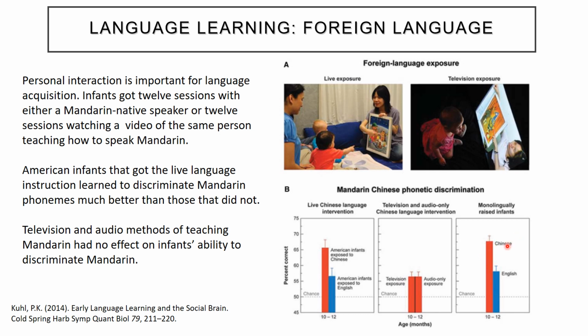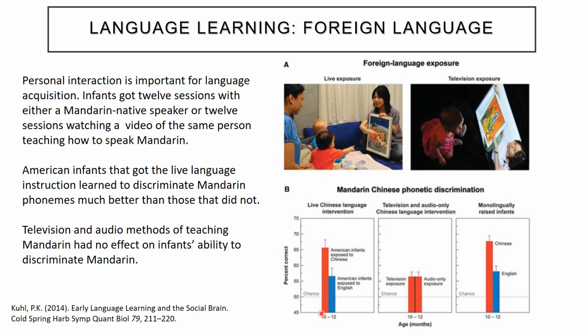And you can see for the monolingually raised infants of the same age, those children that come from a Chinese household were somewhat similar, not significantly different from these American infants that got the 12 sessions of Mandarin instruction.